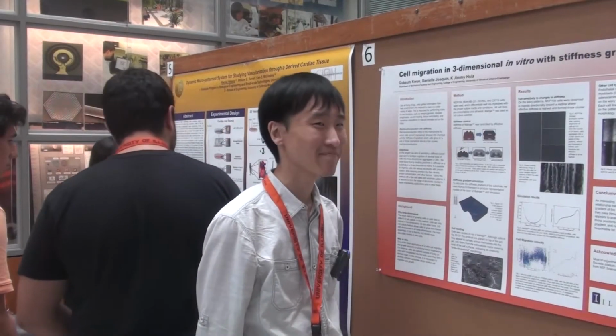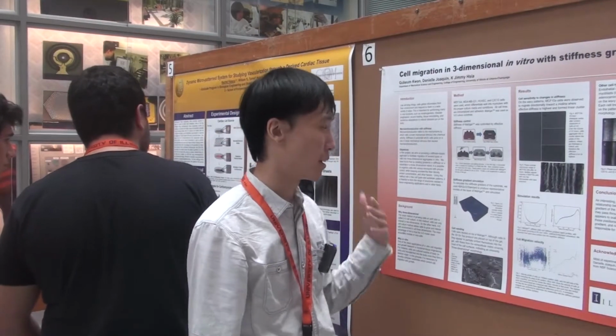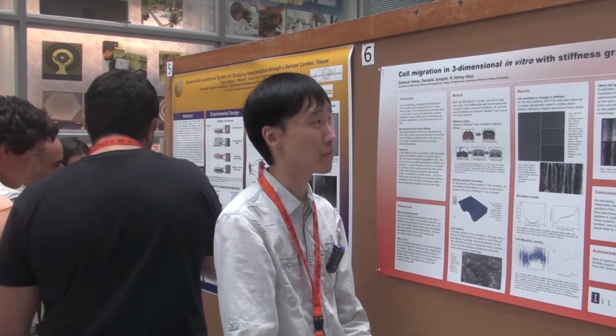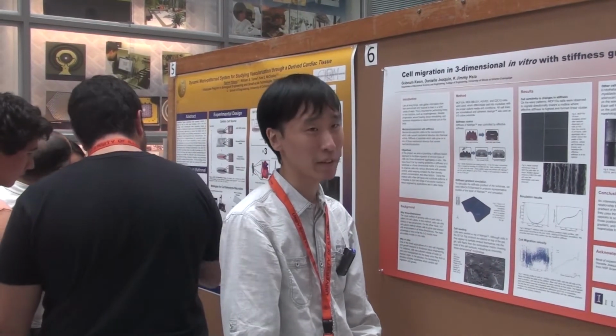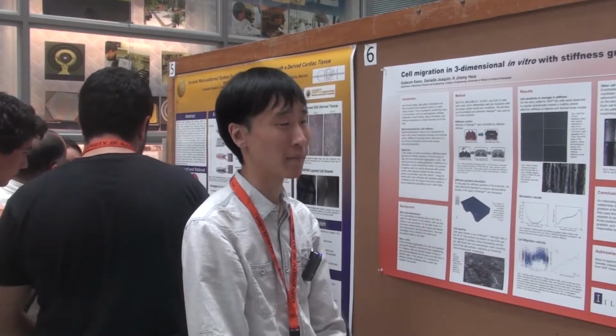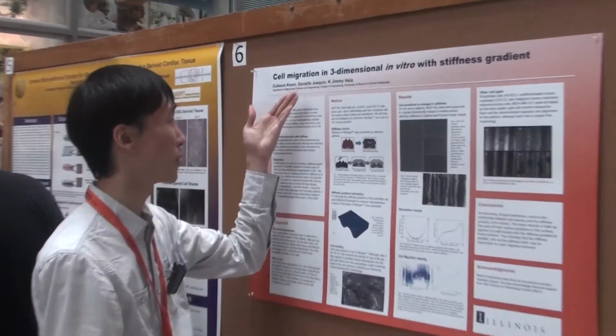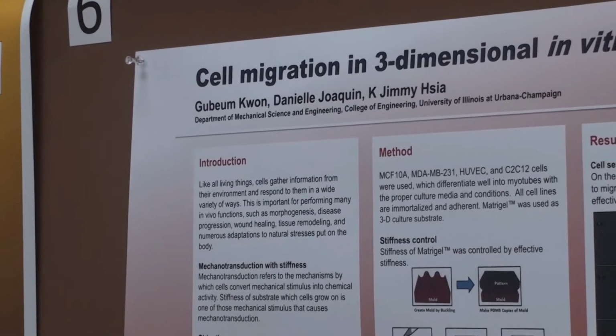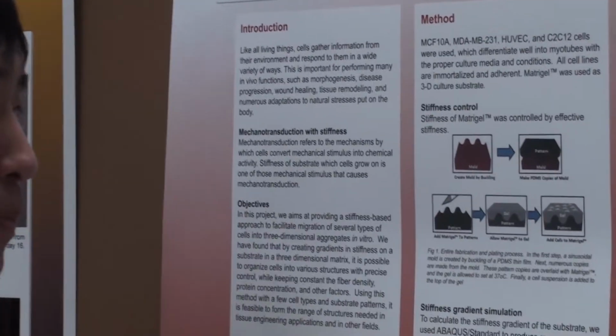My name is Kevin. My project is about cell migration in three-dimensional in vitro environments, driven by stiffness gradients. Most of the work was done by Daniel Joaquin, my previous student.